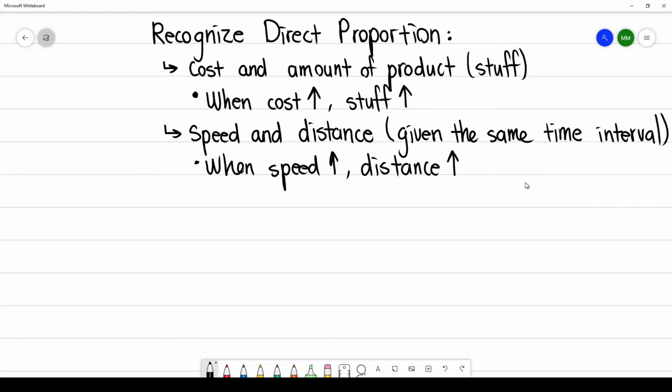Okay, and then, can you guys think of an example of direct proportion in real life and type it into the chat? I'll give you maybe 3 minutes to think of one.